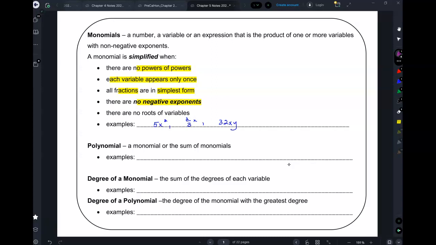So a polynomial can still have one term, or it could be the sum of monomials. So for example, 3x minus 2y is a polynomial. 2/3x to the 5 plus 4x squared minus 1 is a polynomial.